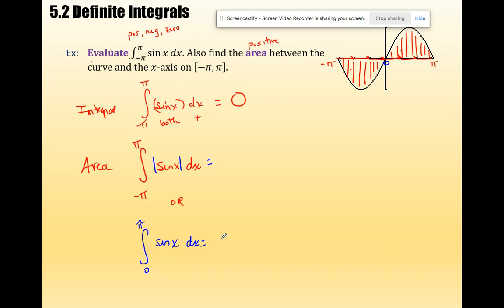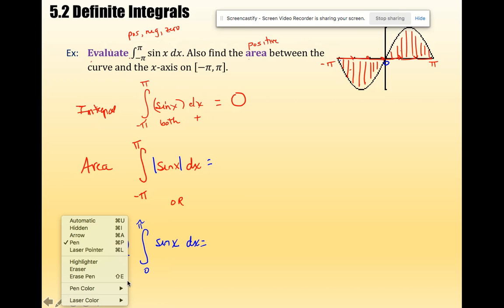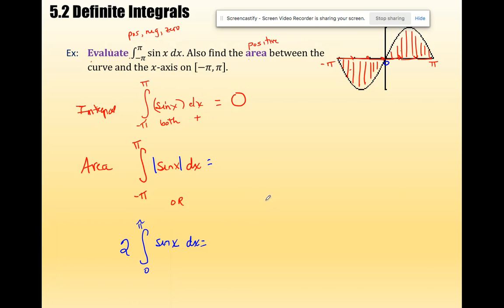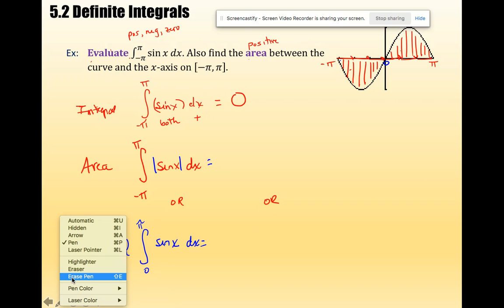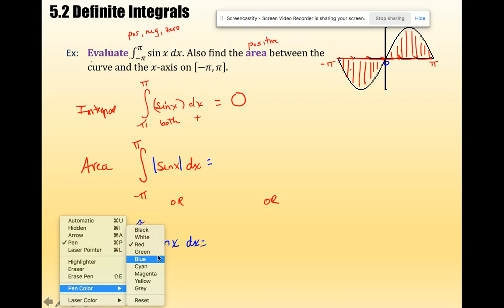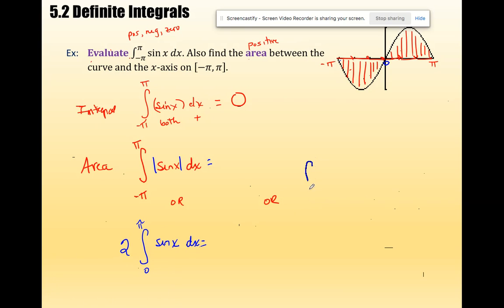Get an answer and do what? Double it. Or two integrals.